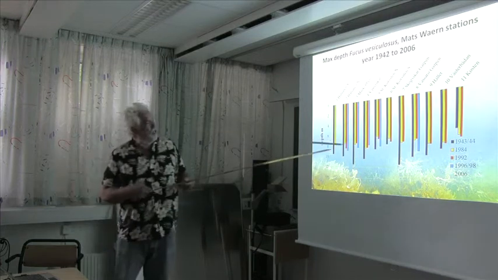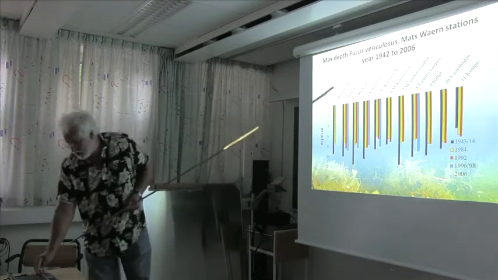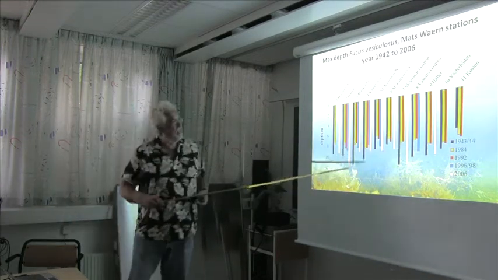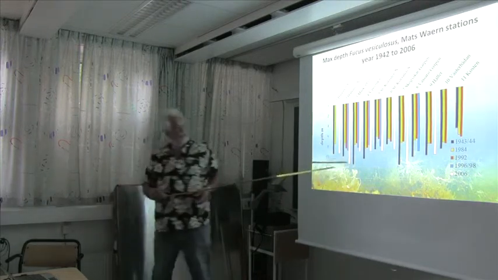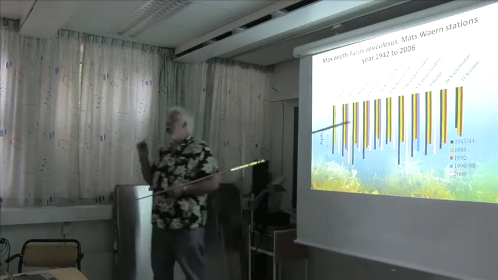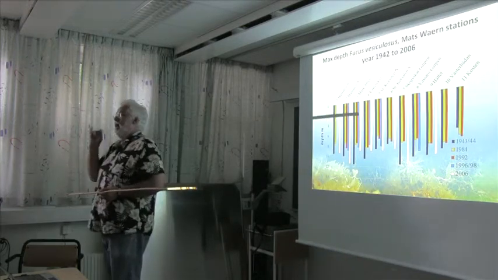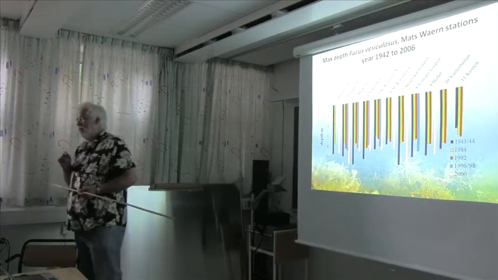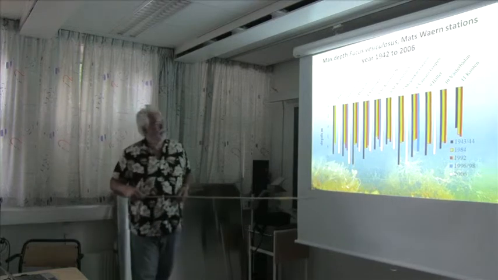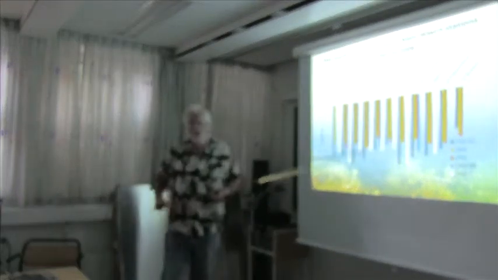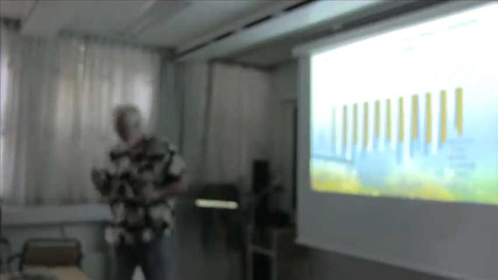This continued in '96, and when we were down there in 2006, we saw that Fucus went as deep down as in the 40s, at all stations that we looked at. Quite interesting, indicating that we again have pristine conditions, at least in the Gräsö area.